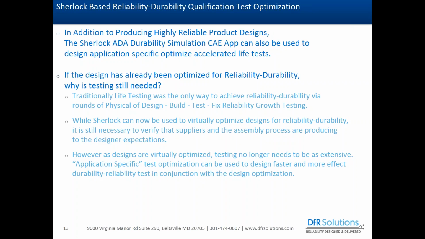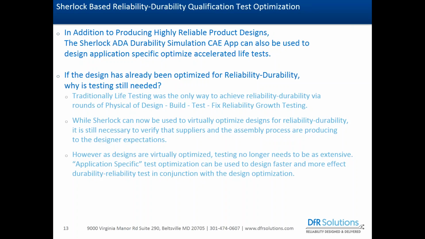Now, the first question you might ask is, well, if the design has already been optimized for reliability, durability, why is testing still needed? Well, again, before we used to do traditional life testing in a design it, build it, test it, see what broke, fix it, reliability growth process. And that was the only way possible to achieve reliability and durability.